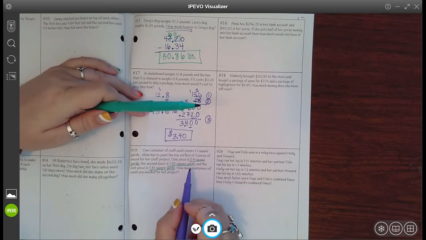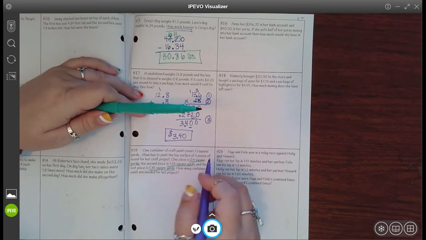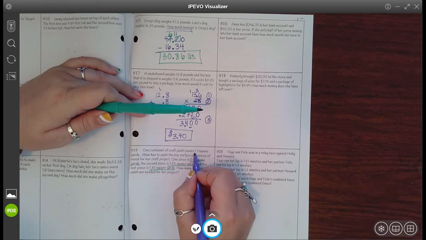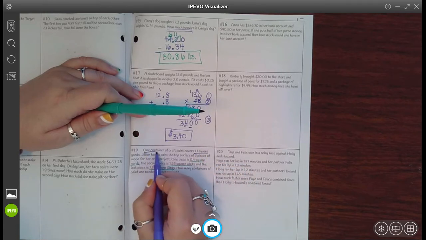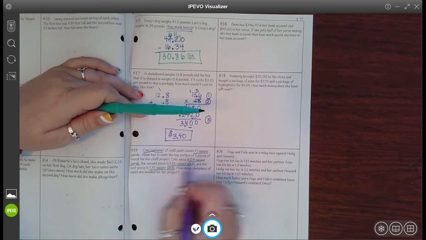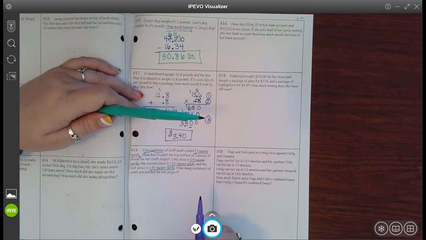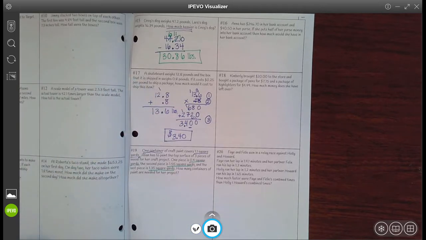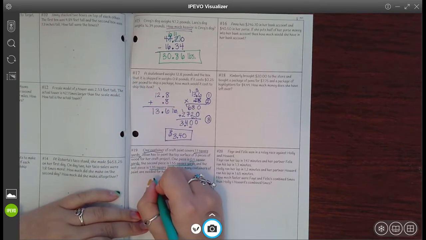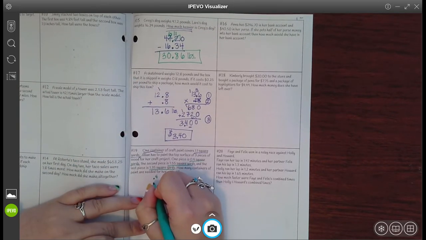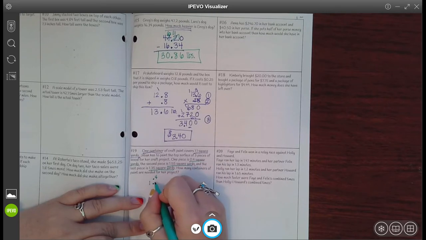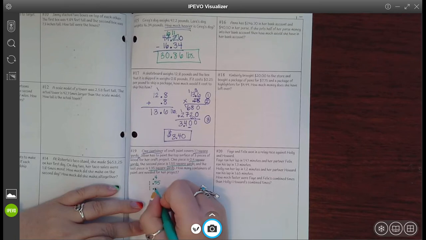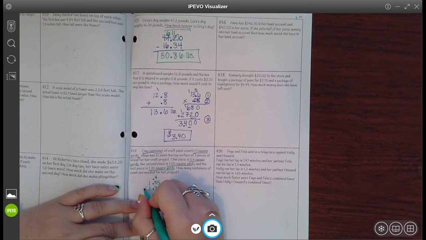Okay, well, once I find the total amount of square yards to paint, 1 container will cover 1.1 square yards. So let's go ahead and first find the total amount that needs to be covered. So I have 0.4, line up your decimal because we're adding, 1.55, line up your decimal, and 1.35.